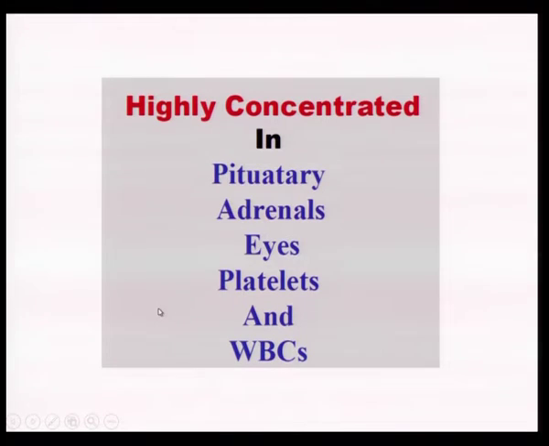And if you look at vitamin C, it specifically gets concentrated in certain tissues, for example in the pituitary, in the adrenal glands, in the eyes, in platelets, and in WBCs. And that's one of the reasons we use vitamin C as a prophylactic in preventing viral infections.